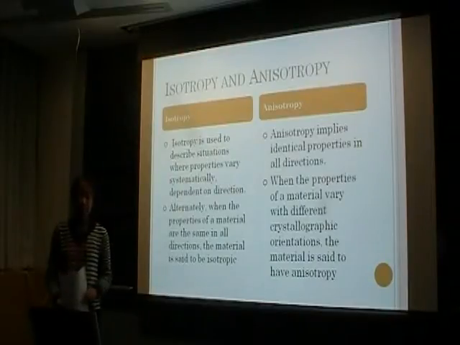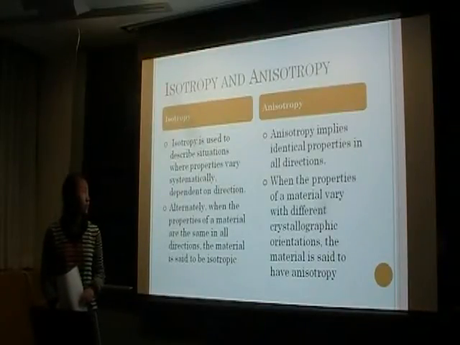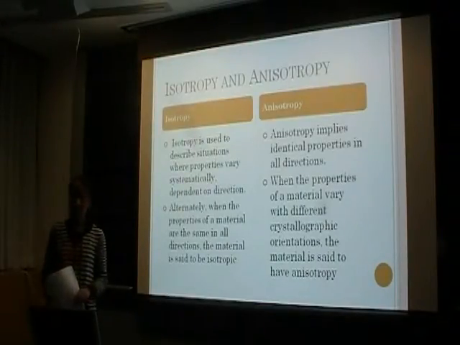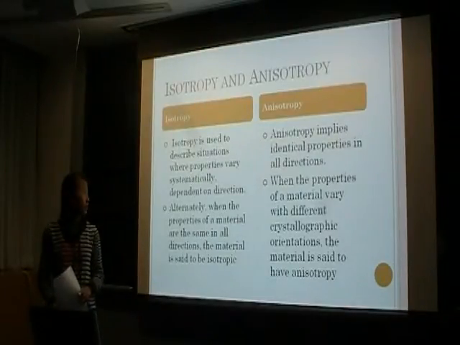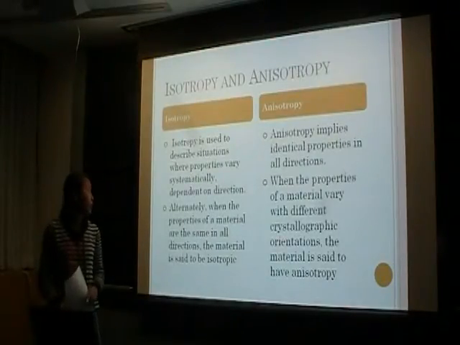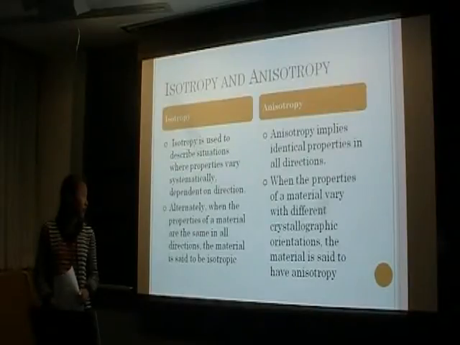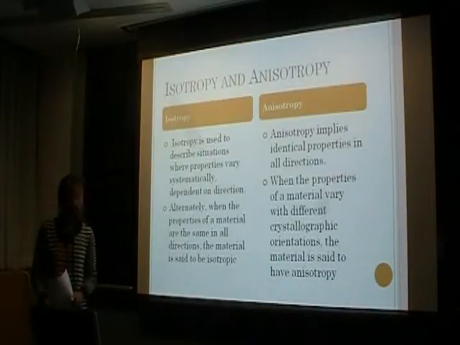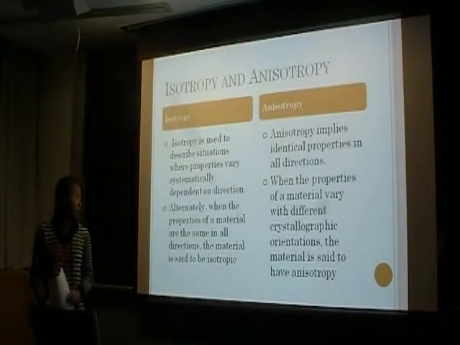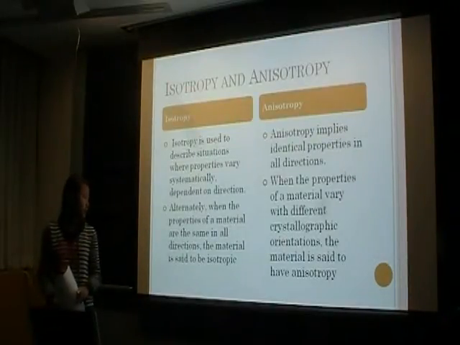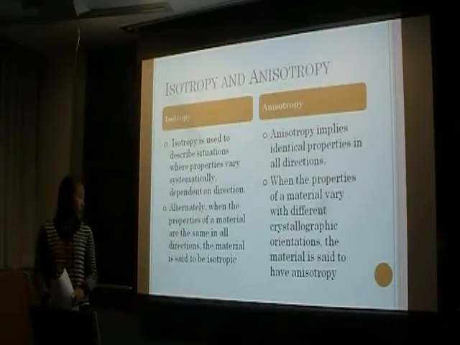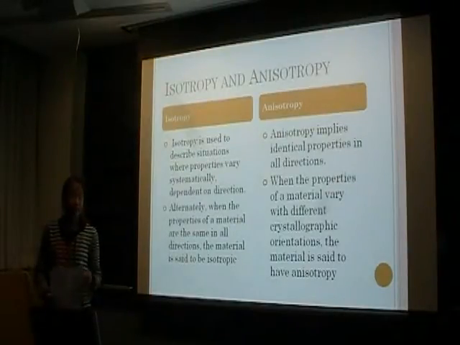And next I will talk about isotropy and anisotropy. I mentioned this before, but this is quite hard, so I will talk about this more. Anisotropy is used to describe situations where properties vary systematically depending on direction. Alternatively, when the properties of a material are the same in all directions, the material is said to be isotropic.